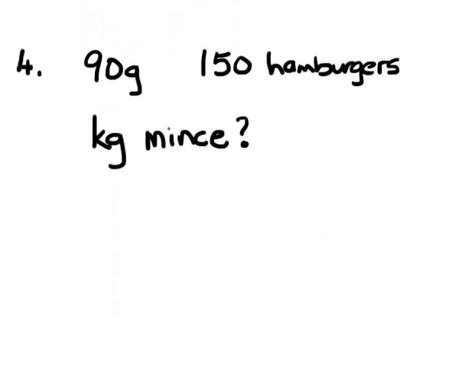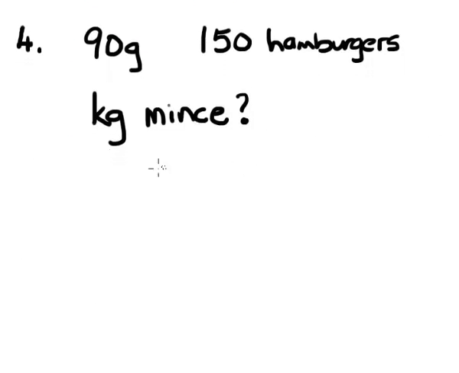You had to first do another calculation. So the first thing you have to do here is calculate how many grams of mince he needs. So if we take our 90 and we multiply that by 150, you're going to get the amount of grams. And that works out to 13,500 grams.